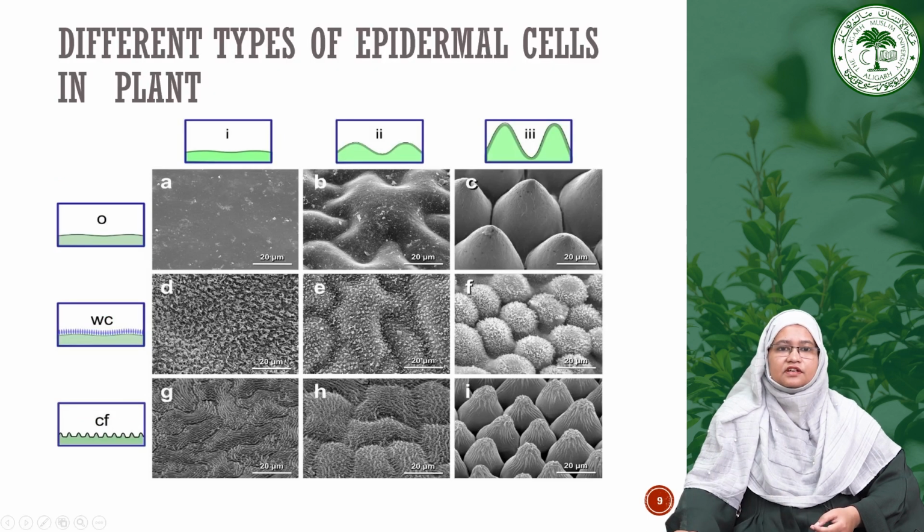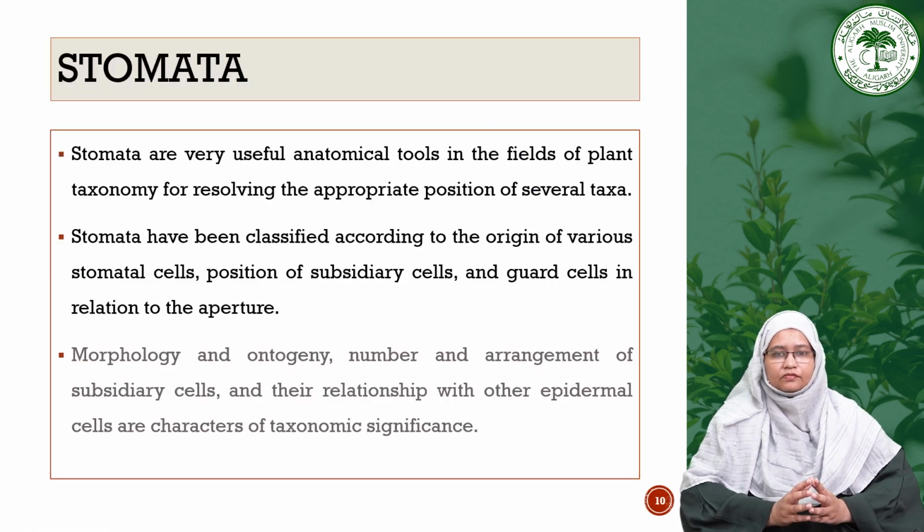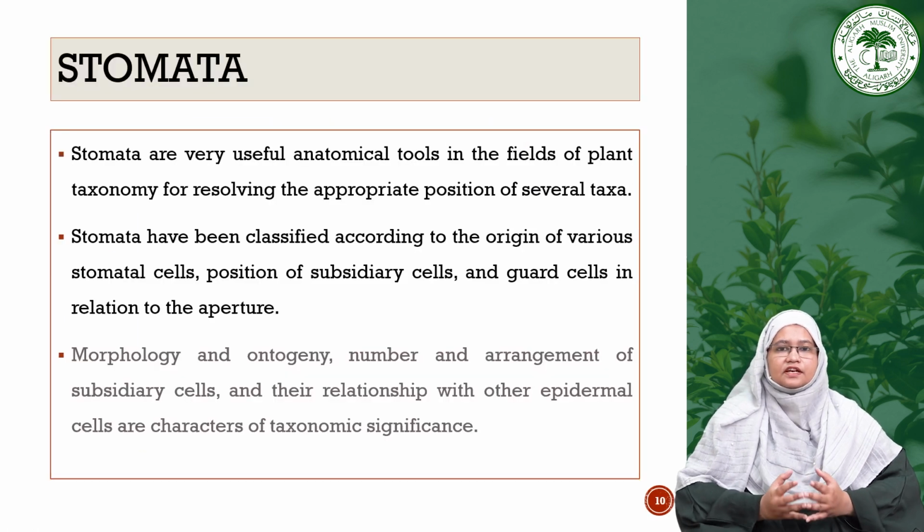As you can see, these are the different types of epidermal cells present in the plant in this particular figure. Now moving towards the next anatomical feature, that is the stomata. Stomata are a very useful anatomical tool in plant taxonomy for resolving the appropriate position of several taxa.